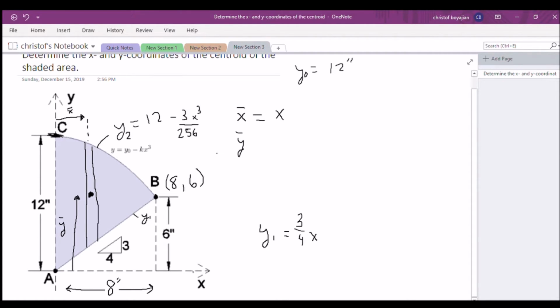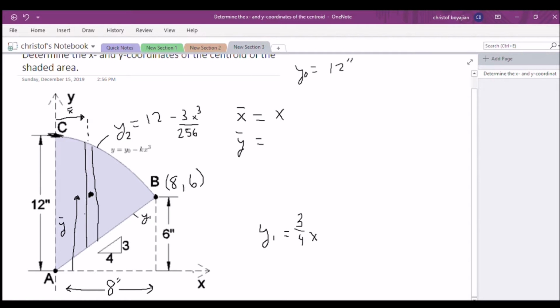Now this is the trickiest part, figuring out y bar, because we see that there's an open space here, so we do have to exclude, or sorry, no, we don't exclude this. This is a distance, right? Our y bar is a distance up to the centroid.